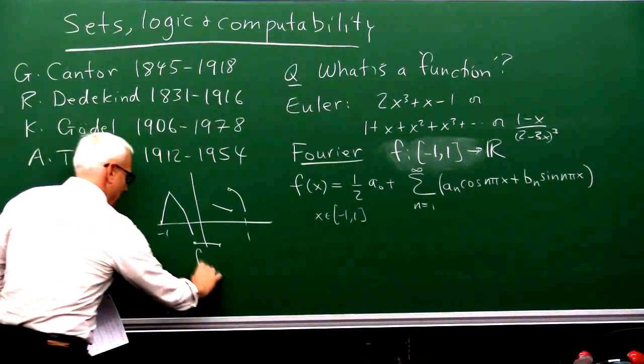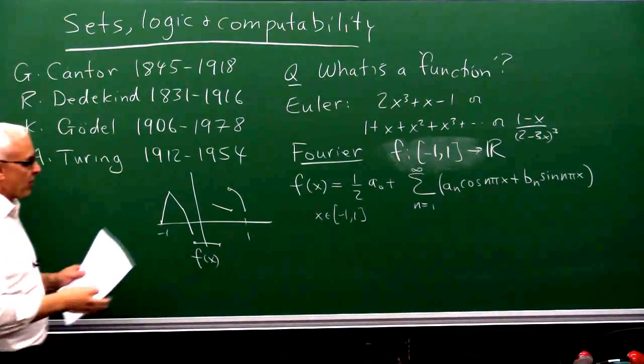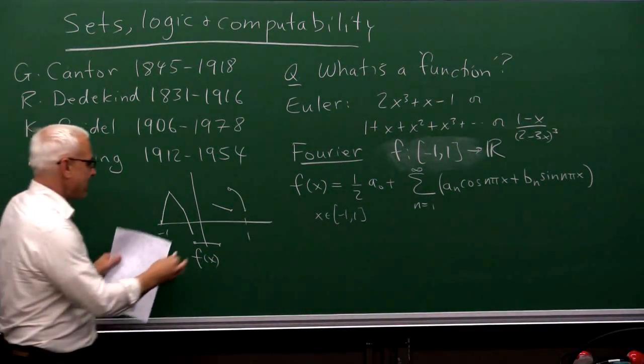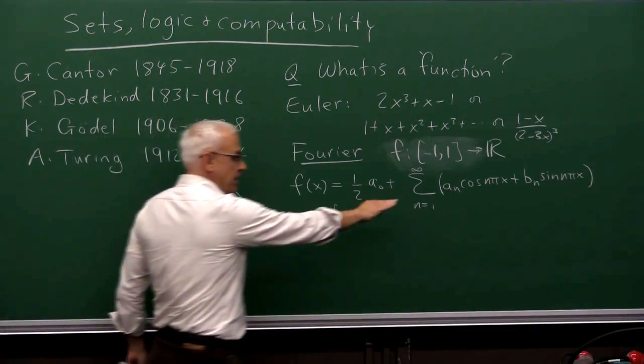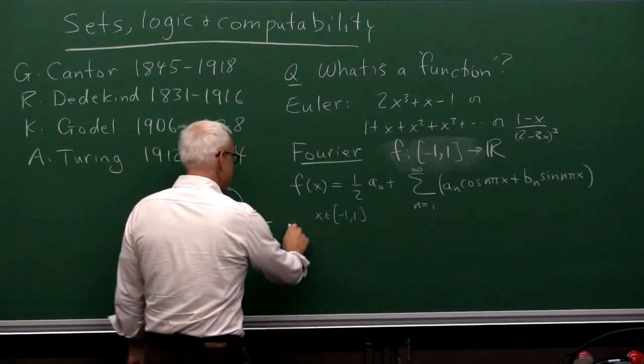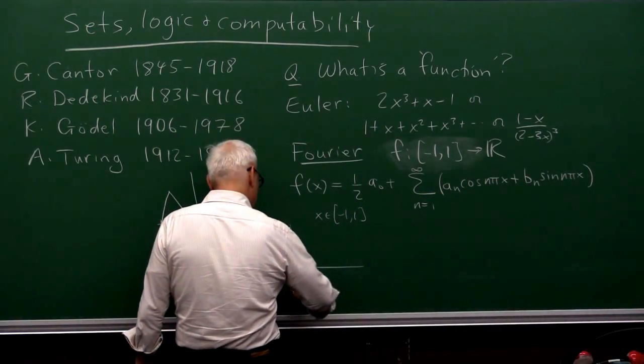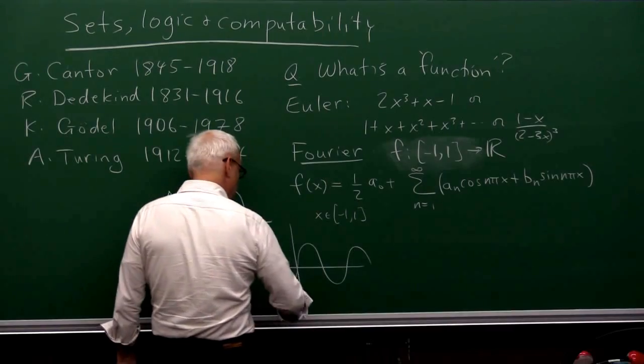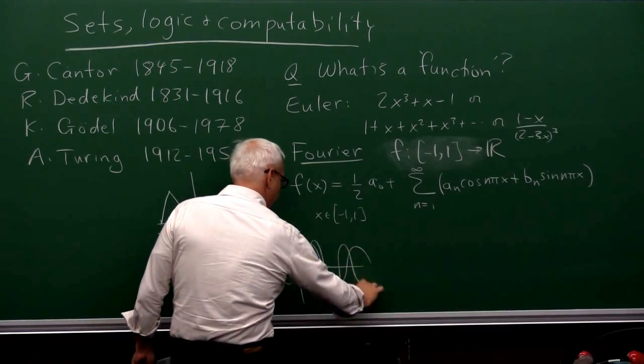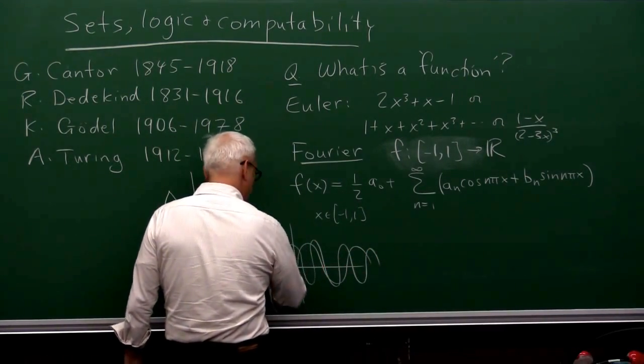And Fourier somehow said, well, we can still think about this as being sort of a sum of very nice functions. These cosines and sines, after all, are just very nice oscillatory functions with perhaps variable periods.